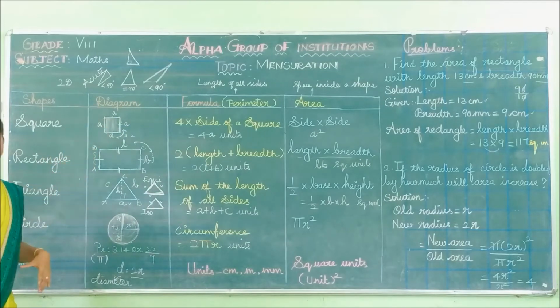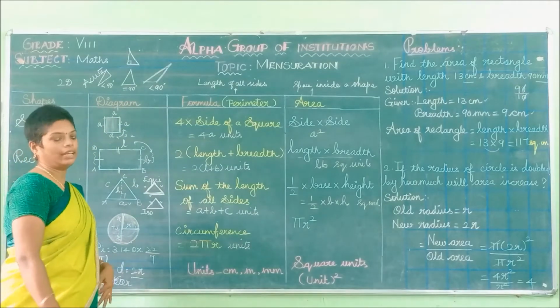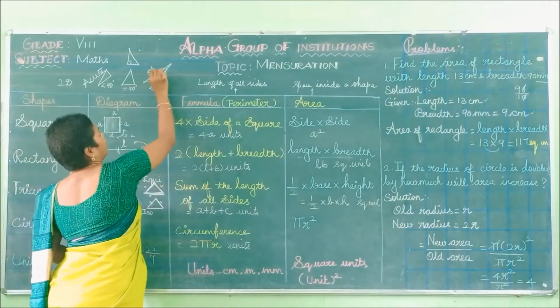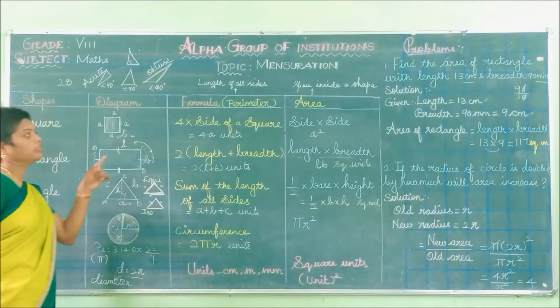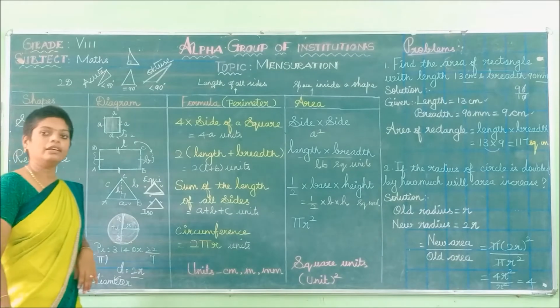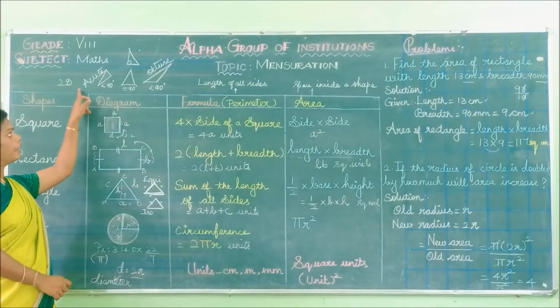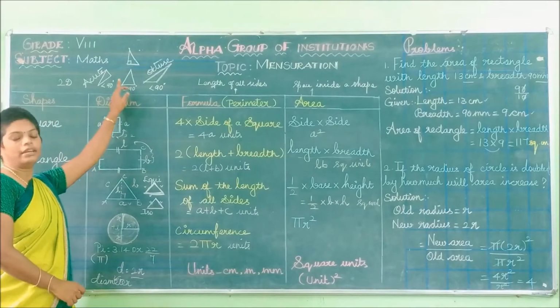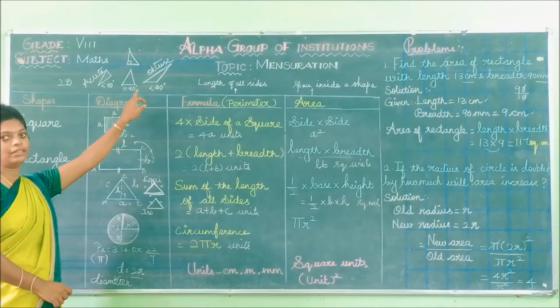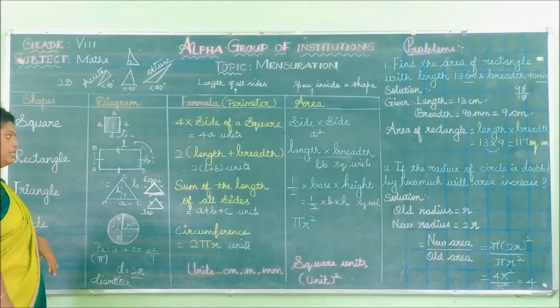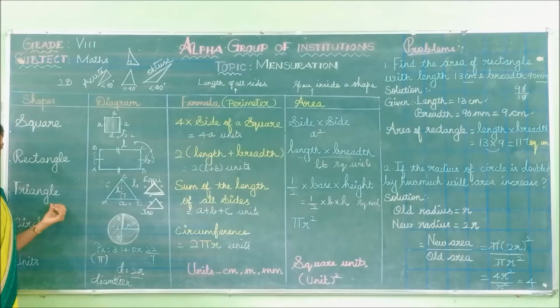But for an obtuse triangle, the angle will be greater than 90 degrees. For acute, less than; right angle, equal; but for obtuse, greater than 90 degrees.